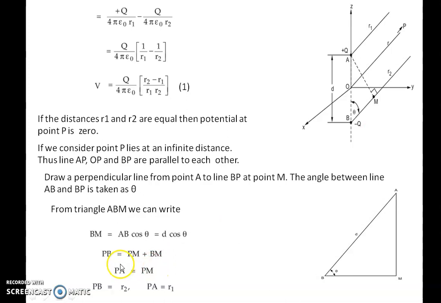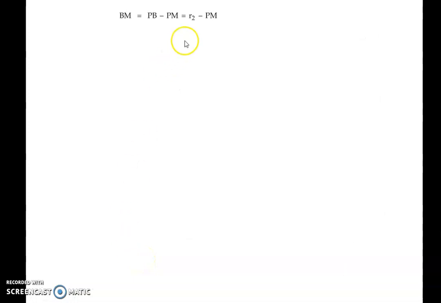If you write BM is equal to PB minus PM, you know that PB is equal to R2 and PM is R1. Substituting that, BM is equal to R2 minus R1. BM is d cos theta, so d cos theta is equal to R2 minus R1.